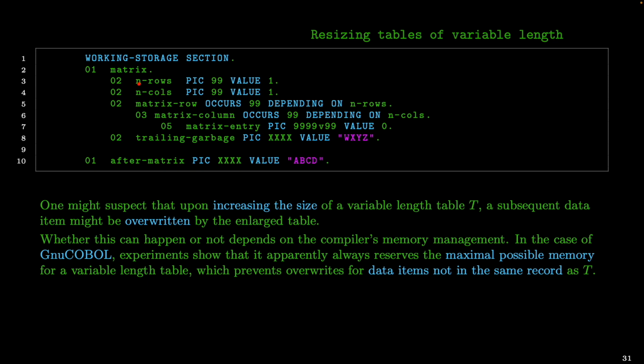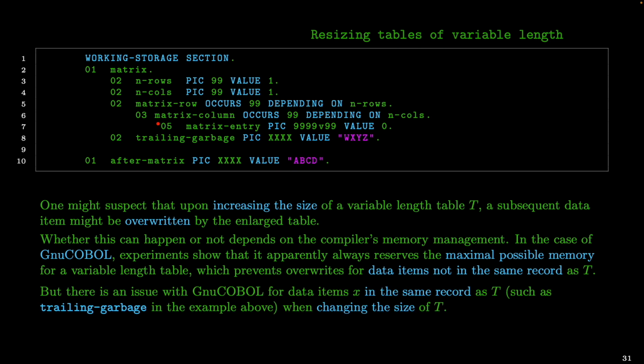And because of that, this data item here, after matrix, would not be affected by any resizing of the matrix, because it is located after the maximal size of this whole record, so it could not be overwritten when we change the size of the matrix.